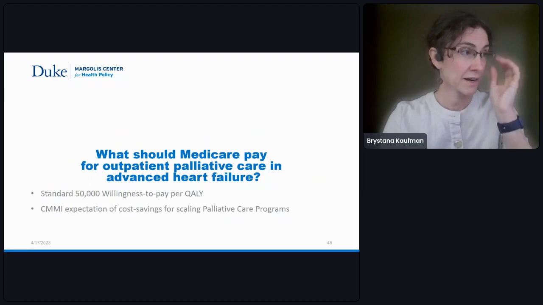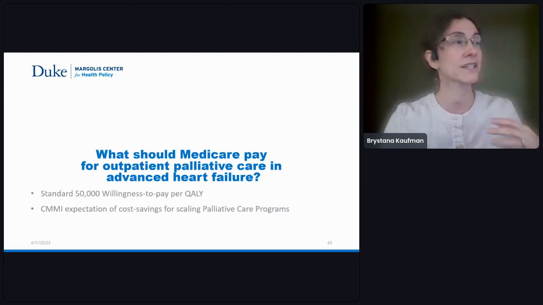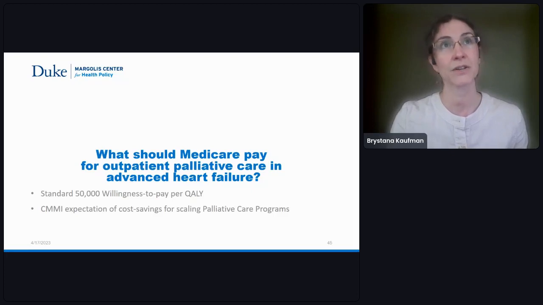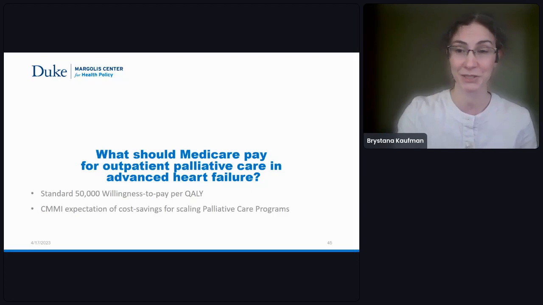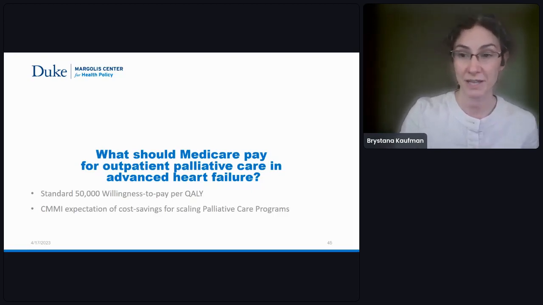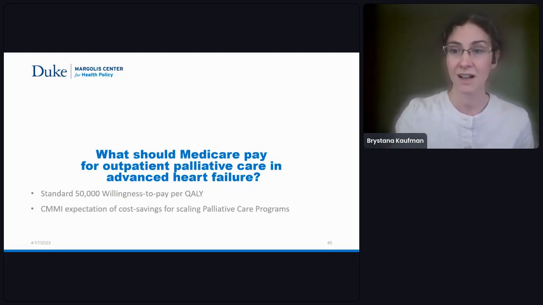So we compared the likelihood of cost effectiveness at a standard $50,000 willingness to pay per quality adjusted life year. And then we also ran scenarios assuming that CMS was not willing to pay anything for additional quality adjusted life years. And we use that threshold because there have been demonstrations in the CMS Innovation Center for Palliative Care where they set an expectation of cost savings for dissemination of those interventions.